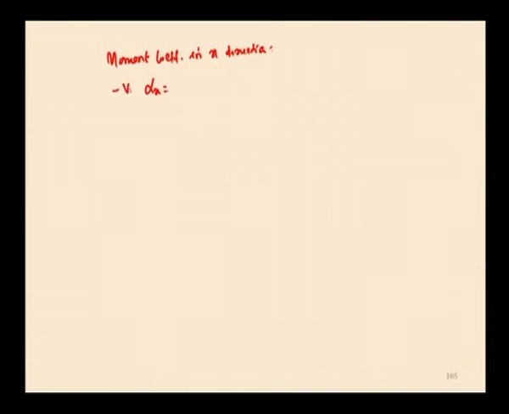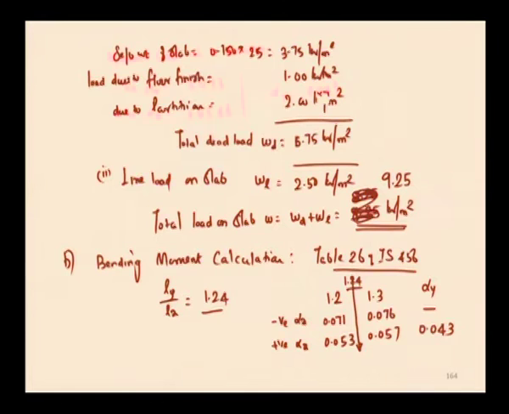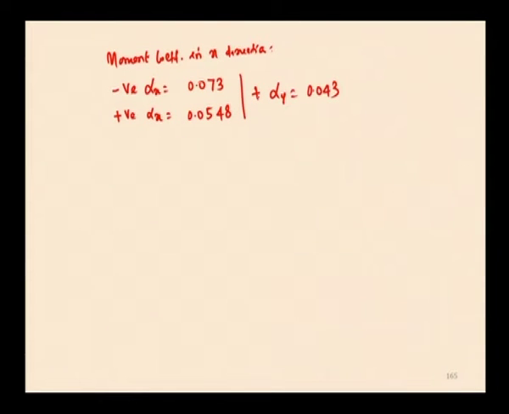Alpha x, negative moment alpha x, positive moment alpha x. So, negative moment alpha x here is 0.073 and positive moment coefficient is 0.0548, and alpha y, there is only one alpha y, that is 0.043, only the positive moment coefficient in the y direction.